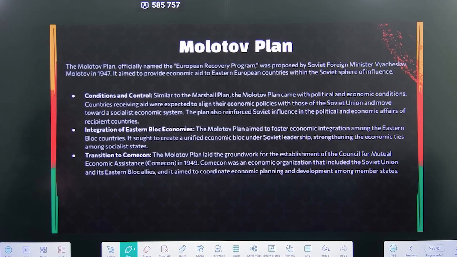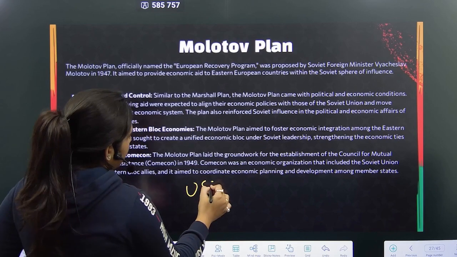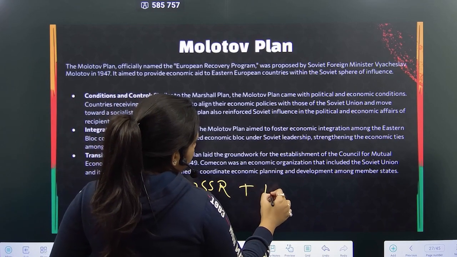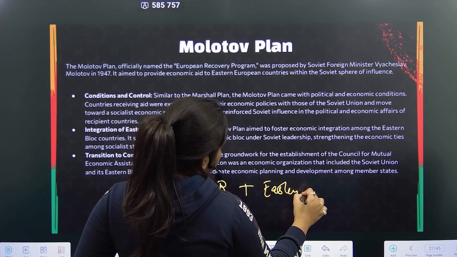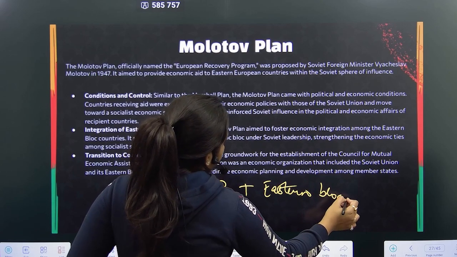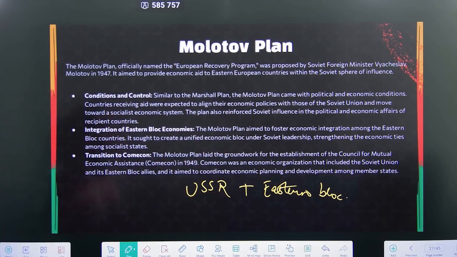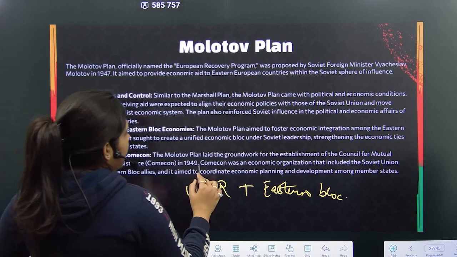In 1945, Comecon was an economic organization. Comecon actually included USSR plus East European countries, the Eastern Bloc. Their idea was to coordinate economic planning and development.